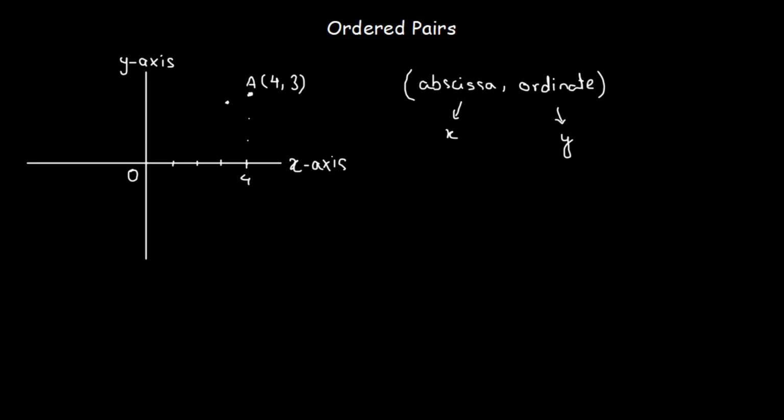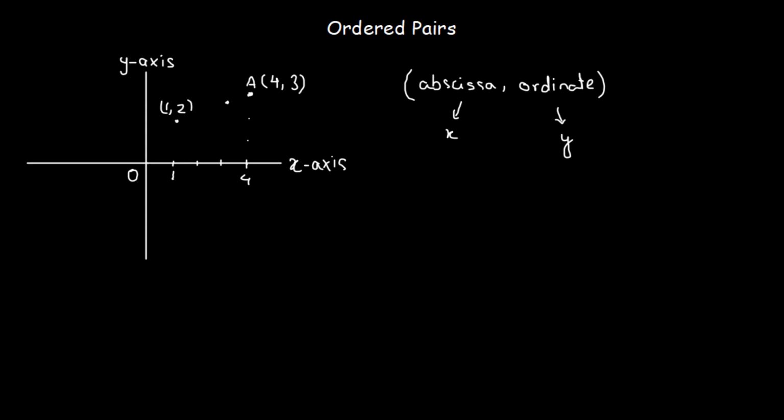Now different points are going to have different values. For instance, if we are to plot the point 1, 2, that would mean we first walk 1 unit along the positive x-axis, and then we move 2 units along the positive y direction. So that would give us the coordinate value 1, 2.